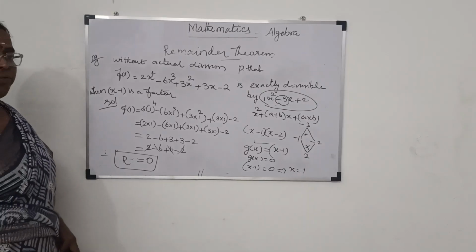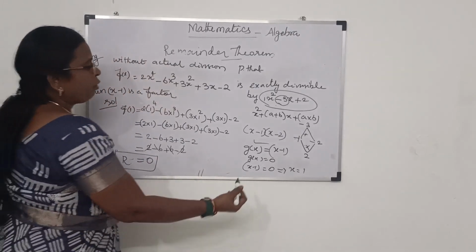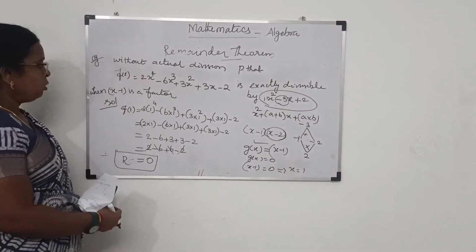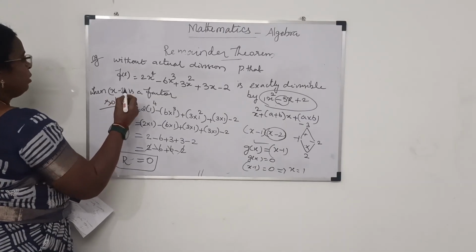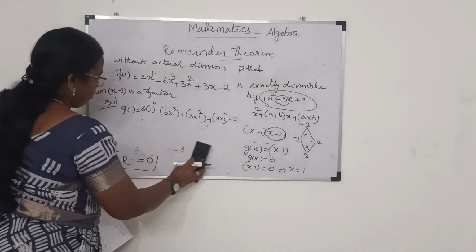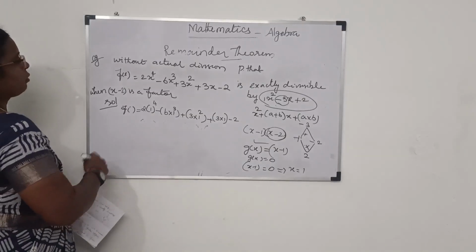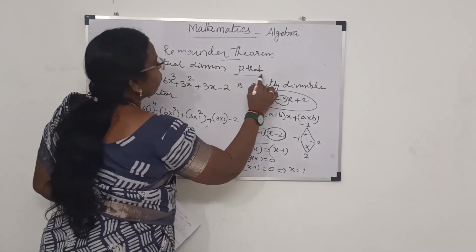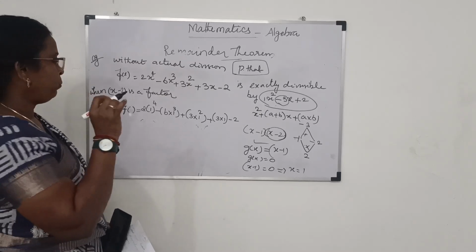So the next step, instead of substituting x minus 1, we have to substitute x minus 2. If x minus 2 is a factor, we need f of 2. What the question is, prove that the remainder is 0.